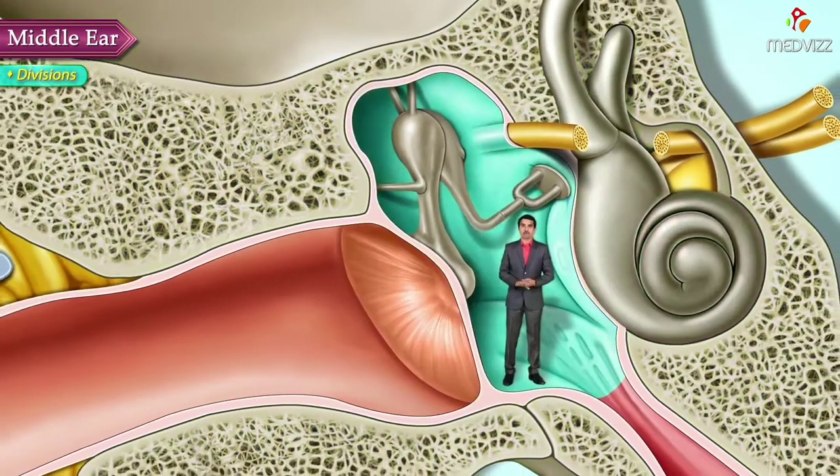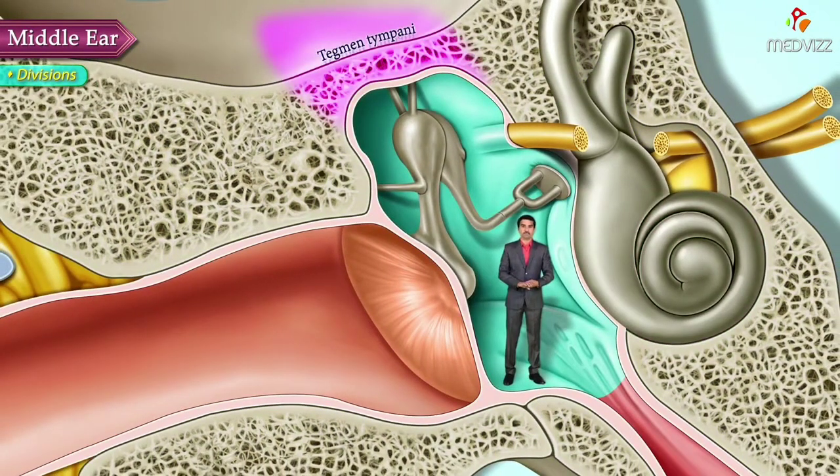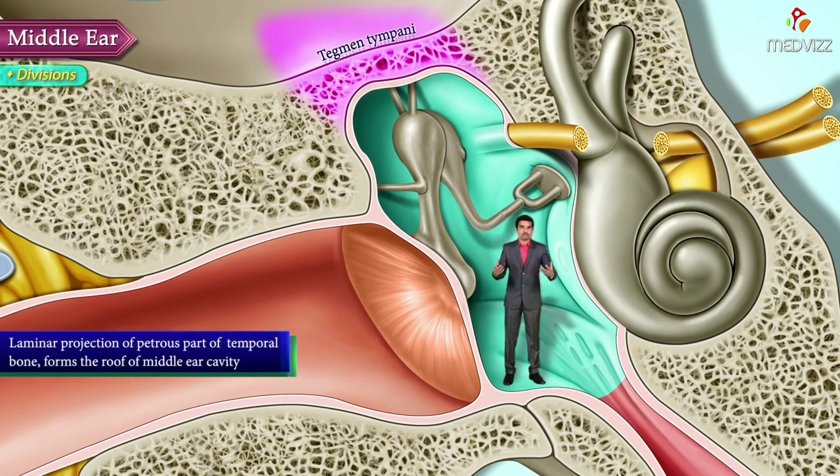So now let us talk about the tegmen tympani. The tegmen tympani is a laminar projection of the petrous part of the temporal bone that forms the roof of the middle ear cavity.